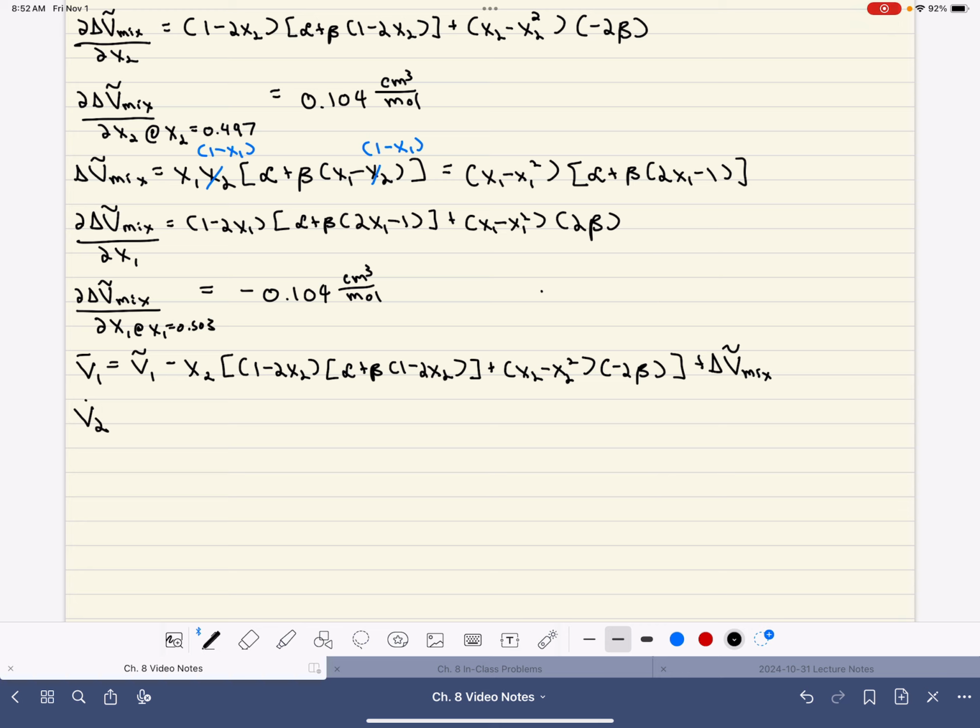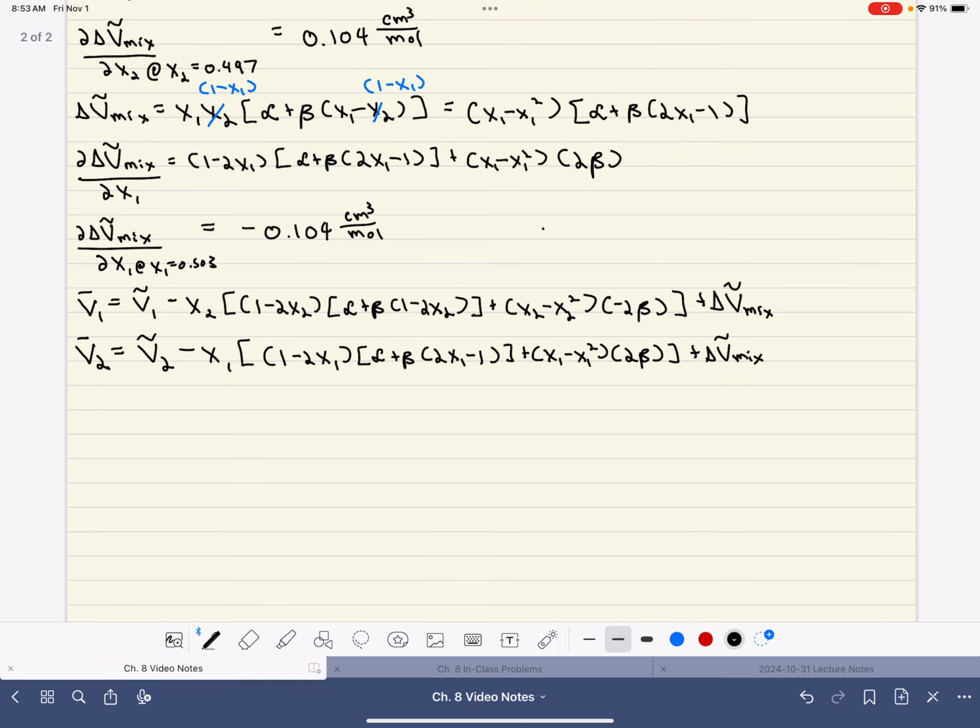All right, and we could do the same thing with V2. Alpha plus beta 2x1 minus 1 plus x1 plus x1 squared 2 beta. Okay.